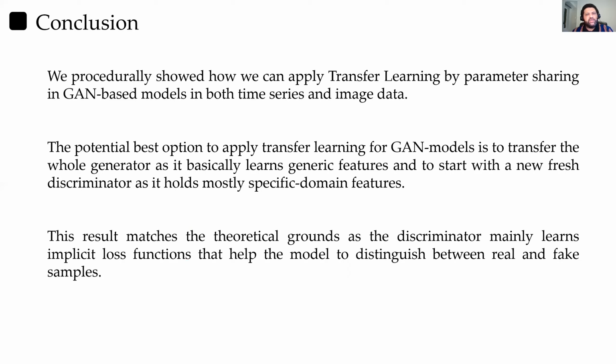We showed this in two application domains: time series with our load disaggregation problem, and images with the image-to-image translation problem. Actually, this result goes hand in hand with the theoretical fact that the discriminator learns an implicit loss function that makes it able to differentiate fake samples from real samples.